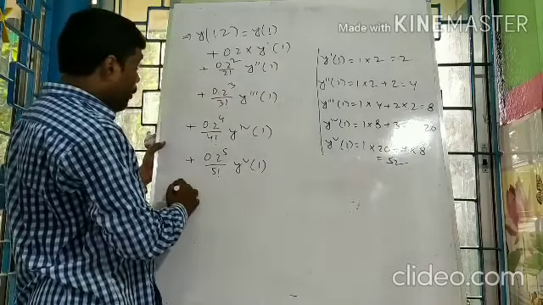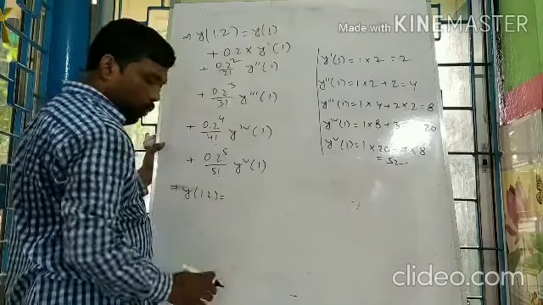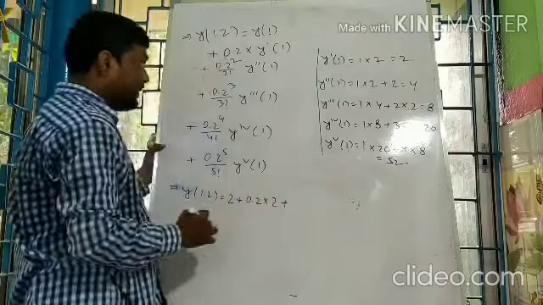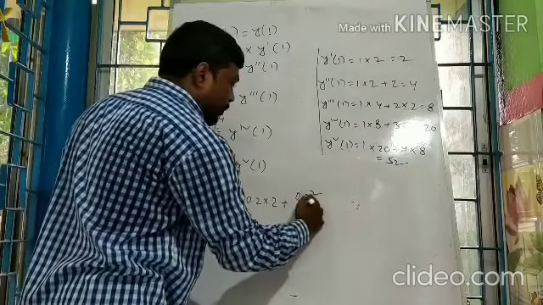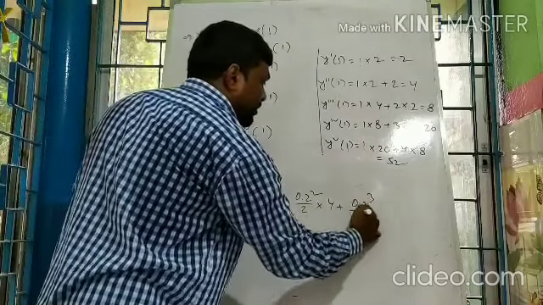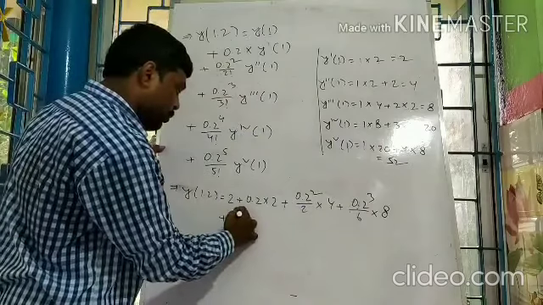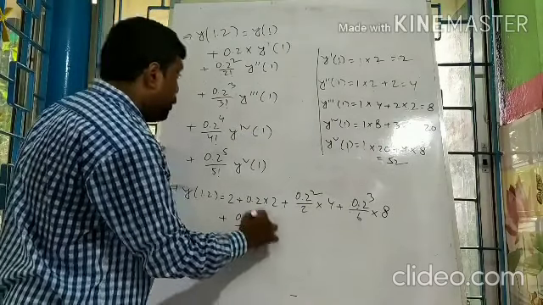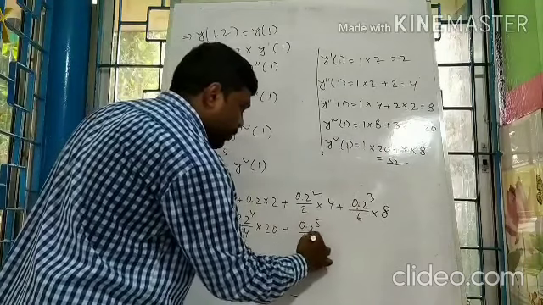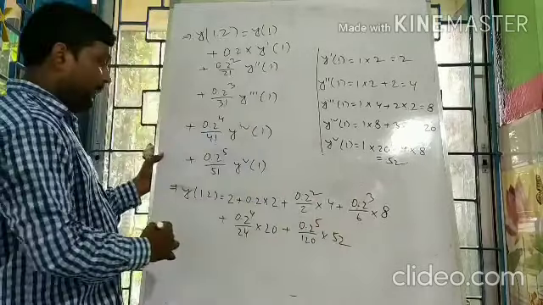So y of 1.2 equals 2 plus 0.2 into y dash 1. y dash 1 is 2, plus 0.2 square by 2 factorial, which is 2, into y double dash 1. y double dash 1 is 4, plus 0.2 cube by 3 factorial, which is 6, into y triple dash 1. y triple dash 1 is 8, plus 0.2 to the power 4 by 4 factorial, which is 24, into y4 1, which is 20, plus 0.2 to the power 5 by 5 factorial, that is 120, into y5 1, which is 52.